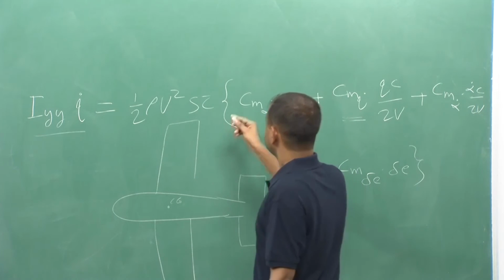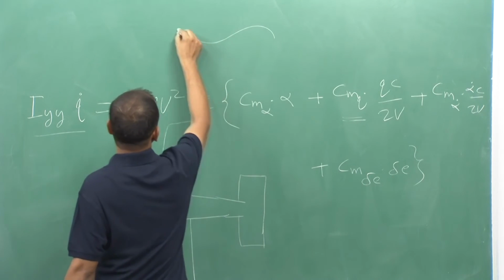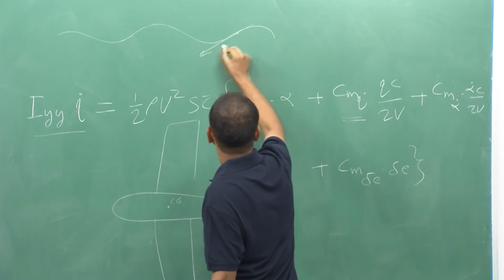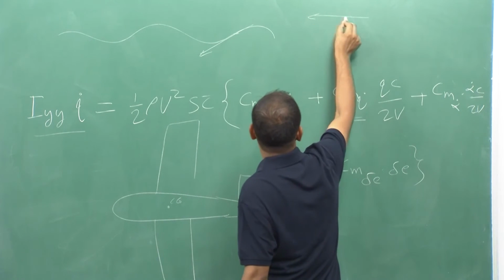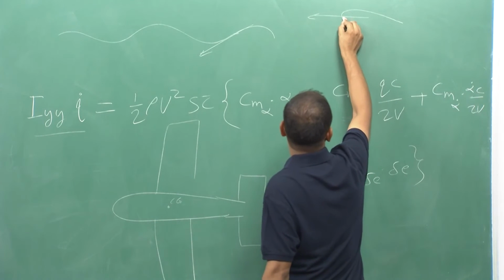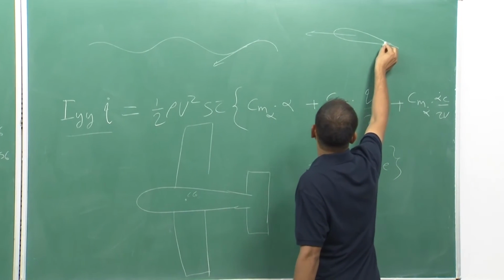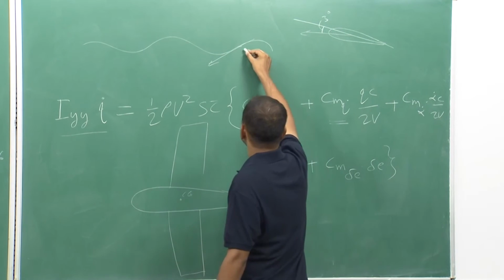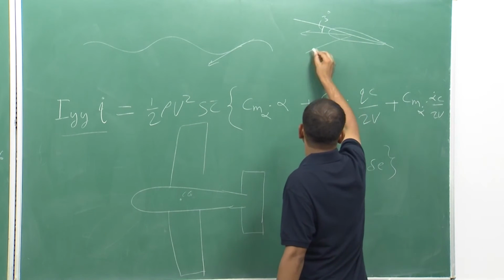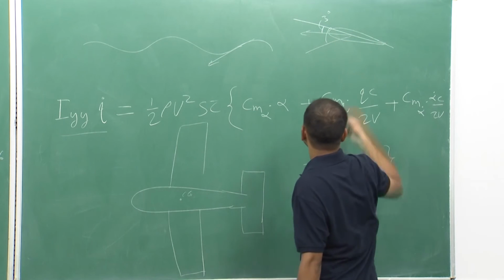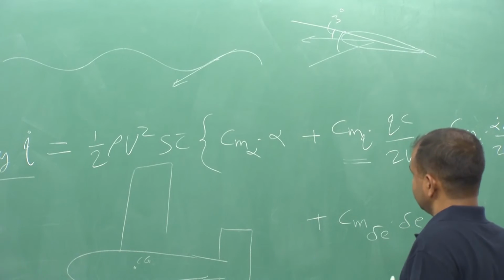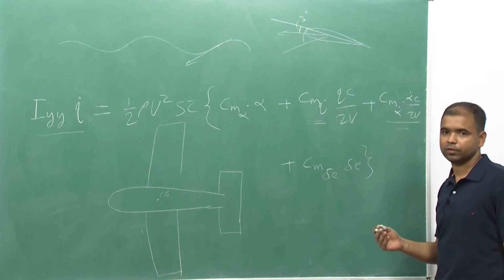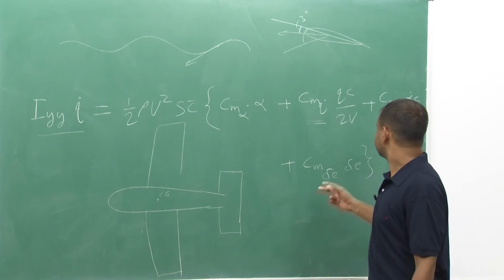And similarly, when my aircraft is moving like this, and suppose this is the velocity of the aircraft, when my aircraft was moving in this direction, that time if I had the angle of attack, for example 3 degrees, and when it will be moving here, then this angle of attack will be increased to some higher value, and due to this increase a moment will be realized on the aircraft, and this will try to oppose the change in the pitch, and this is proportional to the velocity.